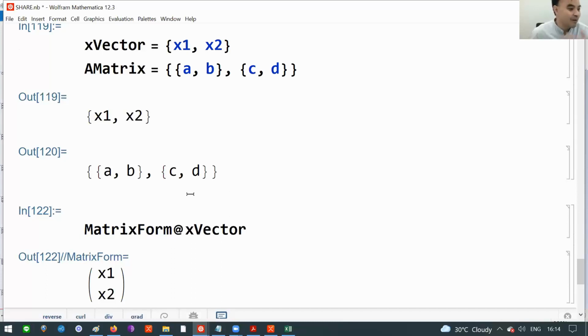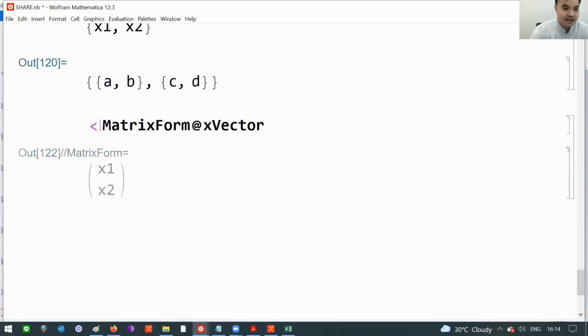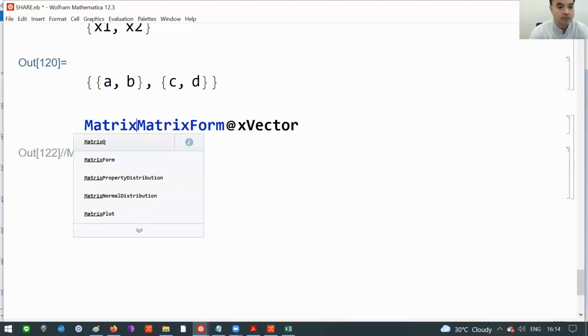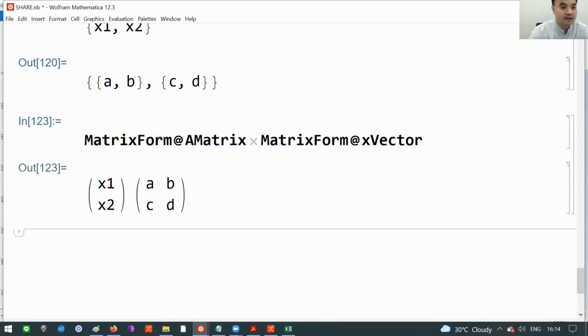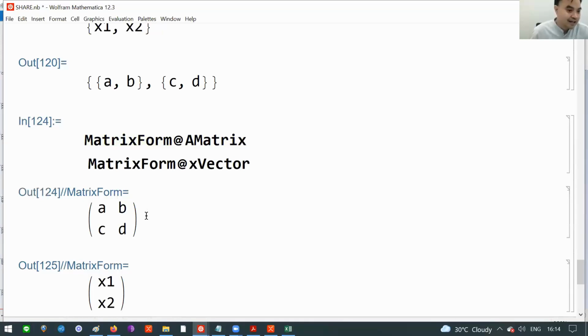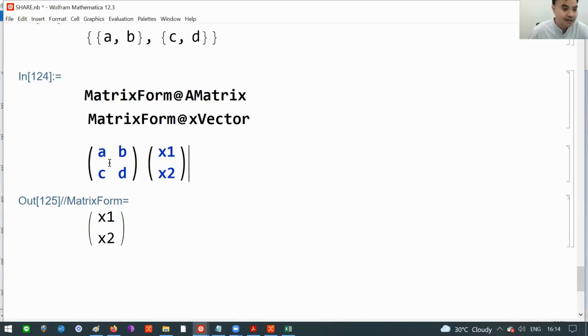Right? Table form is like matrix form, but it doesn't have this nice bracket. Okay, how about matrix form? A matrix. Right? It's this guy. So basically what I want to do is this: a times x1 plus b times x2, put it over here. c times x1 plus d times x2, put it over here.